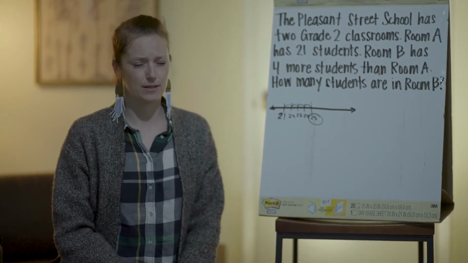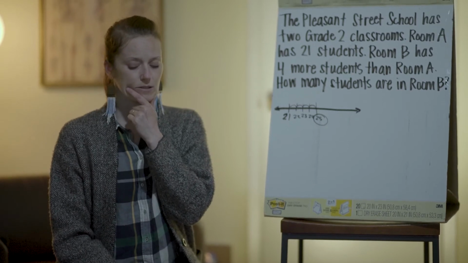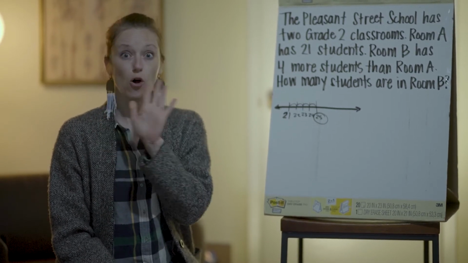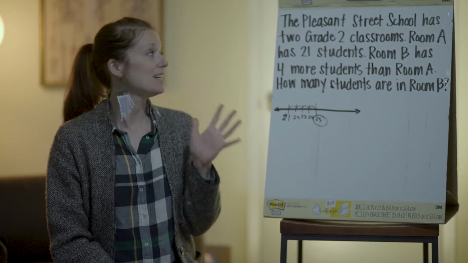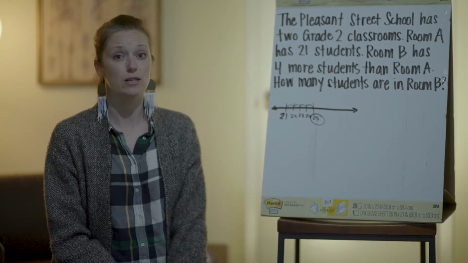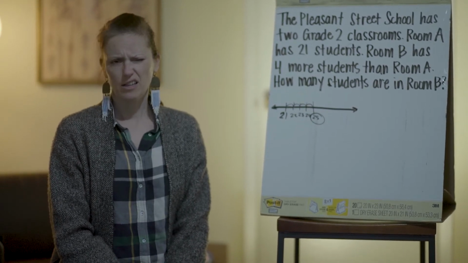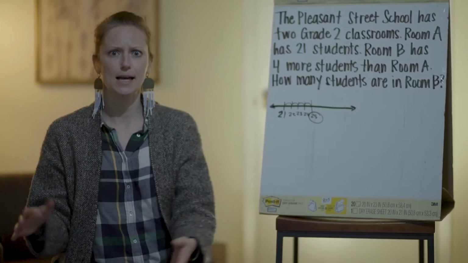Okay, so I'm going to add on to this problem a little bit. So I want you to think. How many students are there all together in the 2nd grade at this Pleasant Street School? I want you to think for just a moment, how would you figure this out?